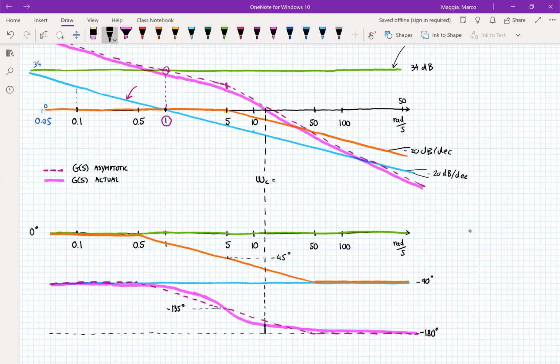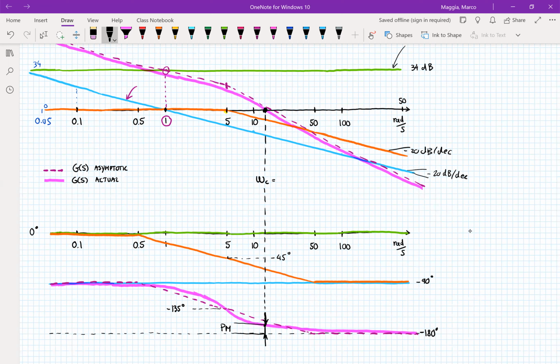So this bit here is our phase margin. And that happens in correspondence to the crossover frequency. So actually, I should have done the other way around. I should have looked at when the magnitude plot crossed the 0 decibel line, which happens about here.